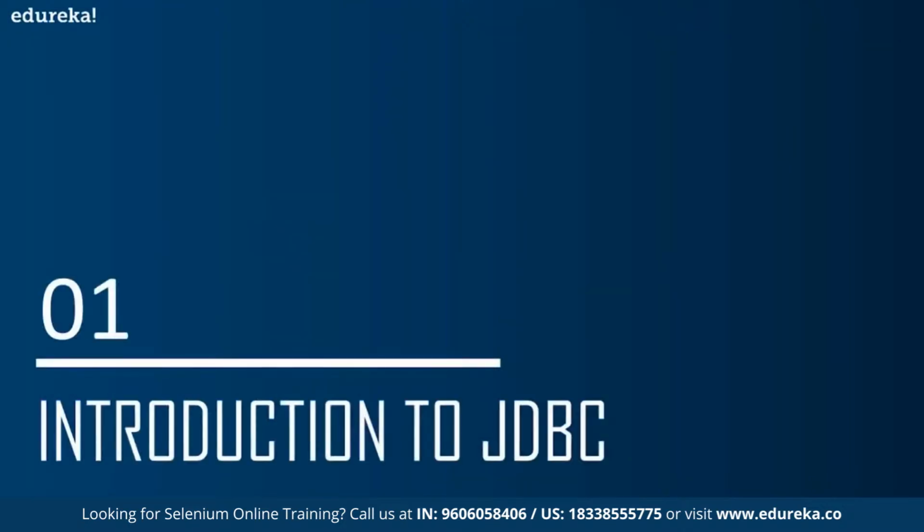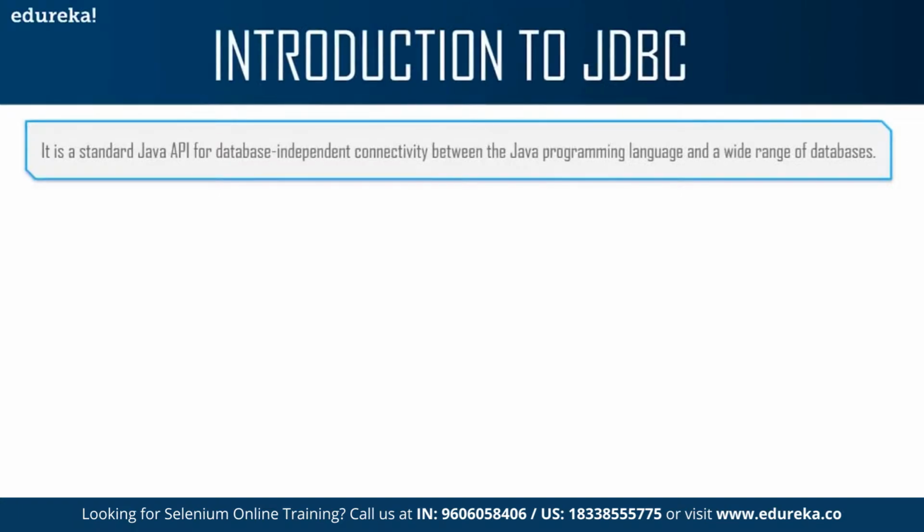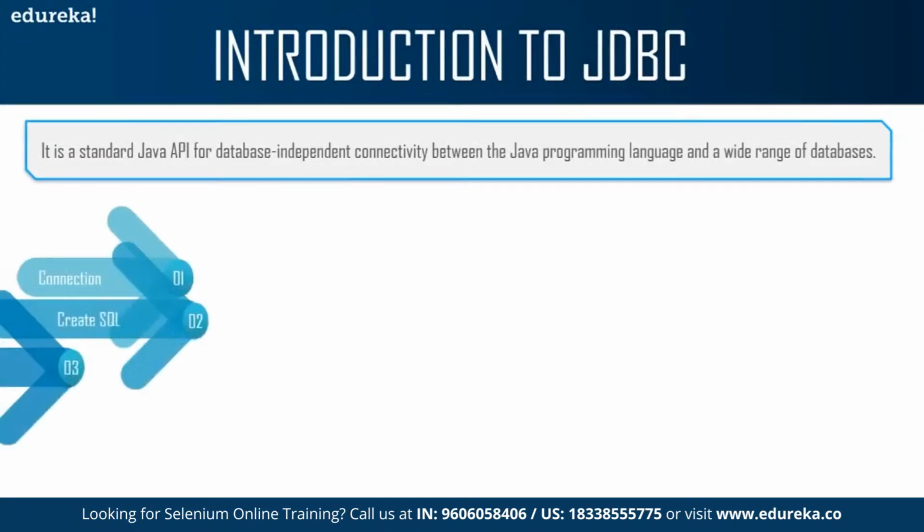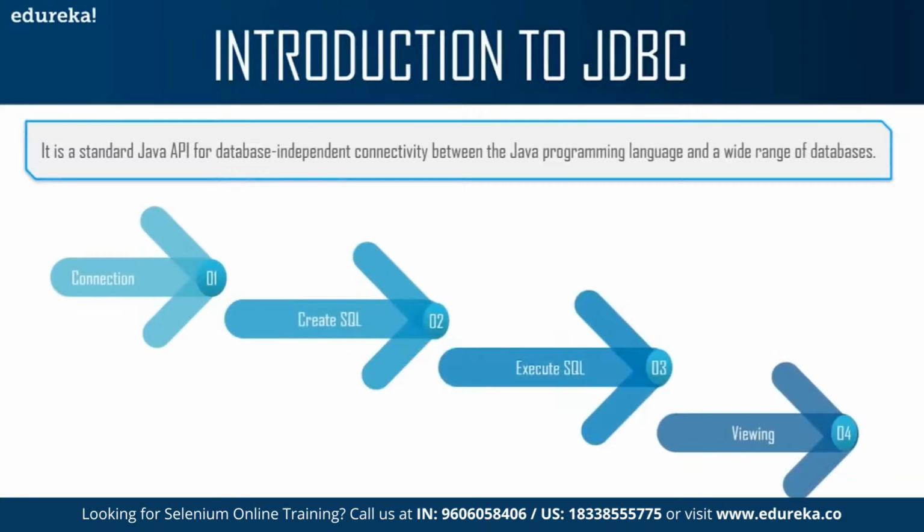Let's first understand what is JDBC, that is Java Database Connectivity. It is one of the standard Java APIs for database independent connectivity between the Java programming language and a wide range of databases. This application programming interface lets you encode the access request statements in Structured Query Language. They are then passed to the program that manages the database.